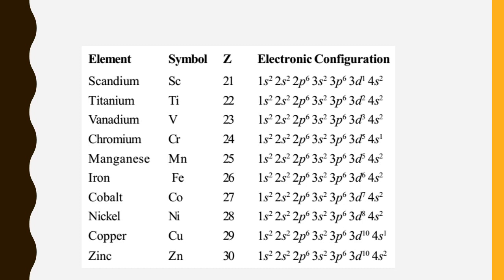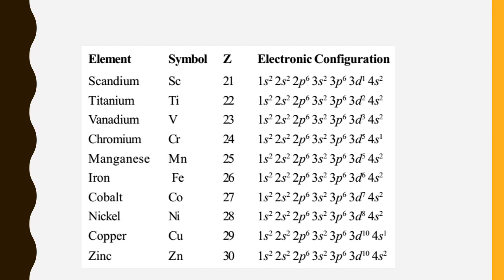So what is the reason behind it? For getting a stable electronic configuration, one electron of 4s goes to the 3d orbital. So we understood that half-filled and completely filled are stable.